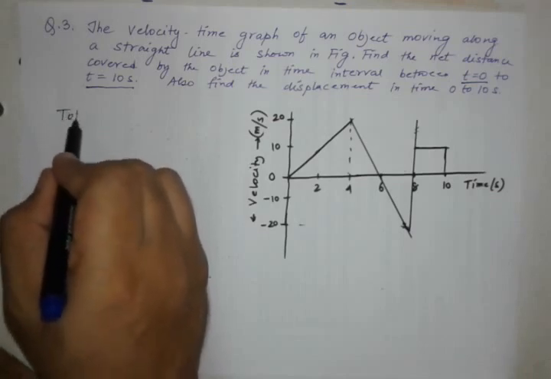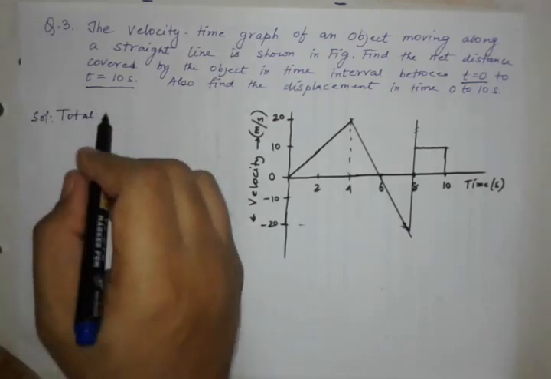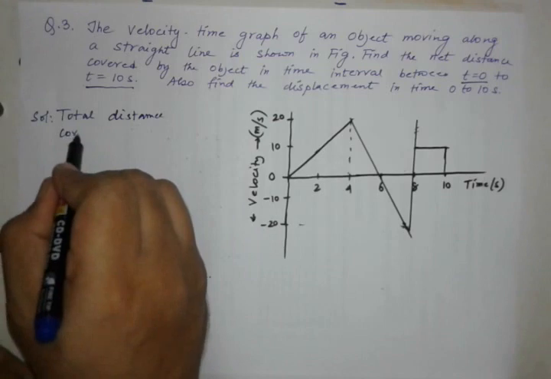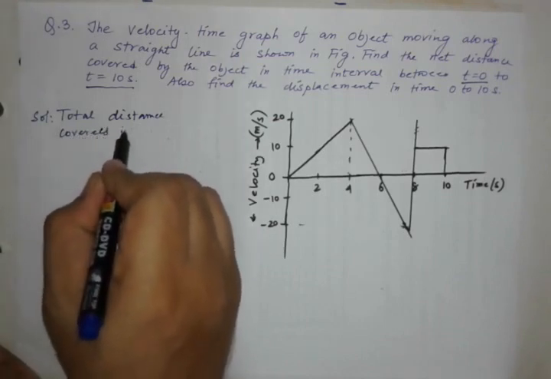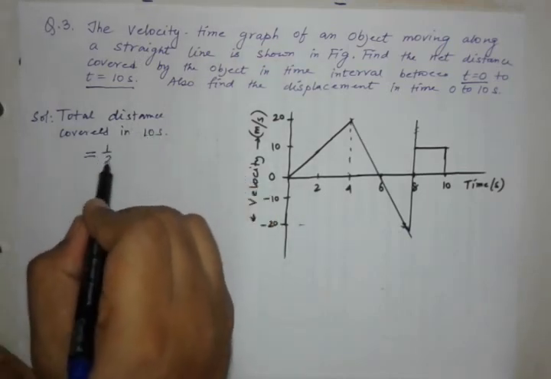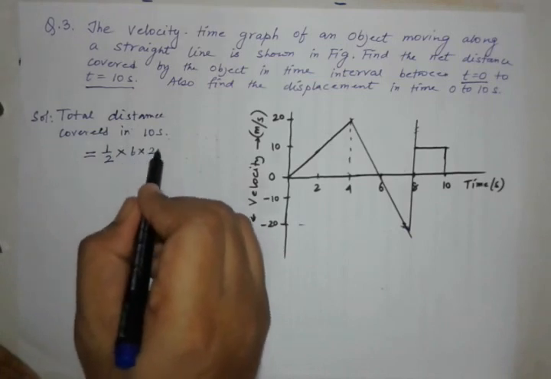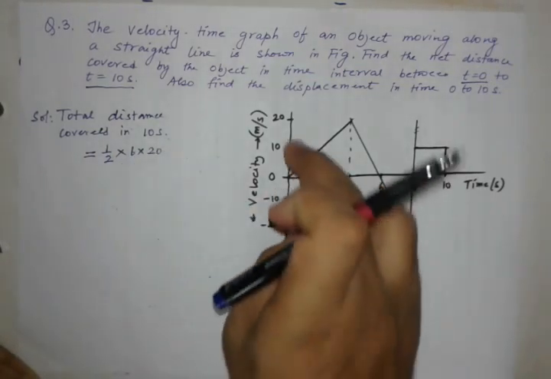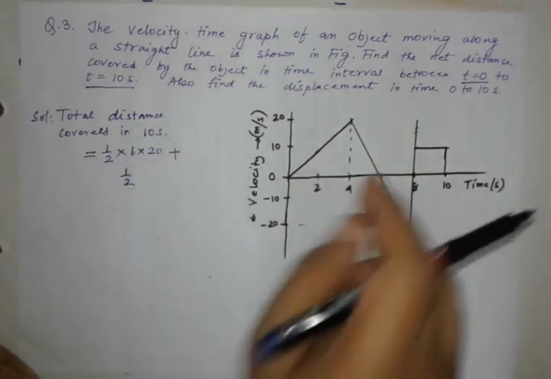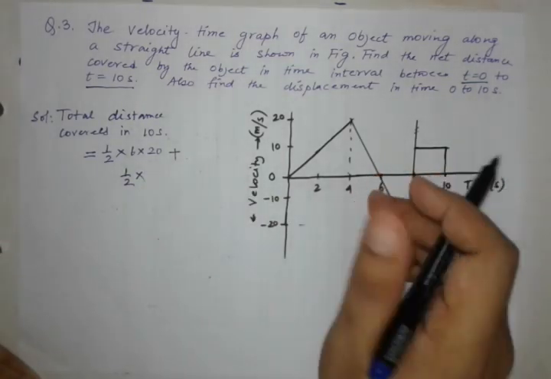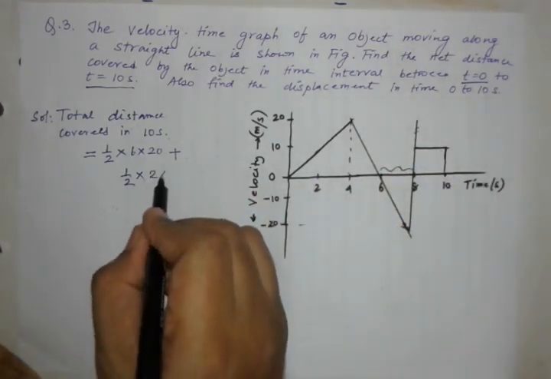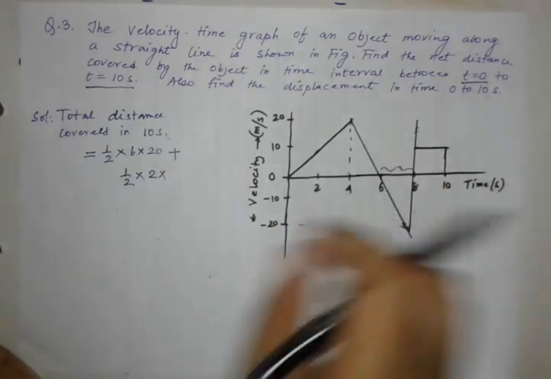So total distance is half into 6 into 20 plus this area, half into, this one is 6, this one is 2, so it's 8 minus 6 is 2, so half into 2 into this height is 20 again.